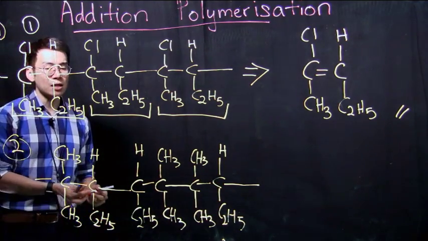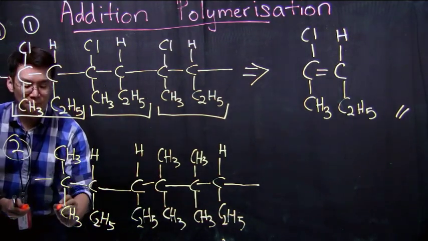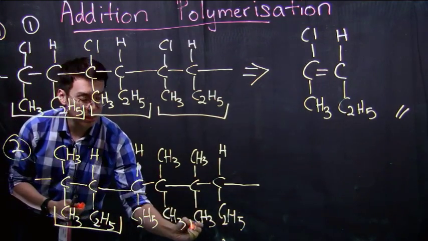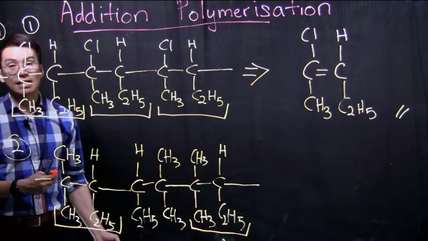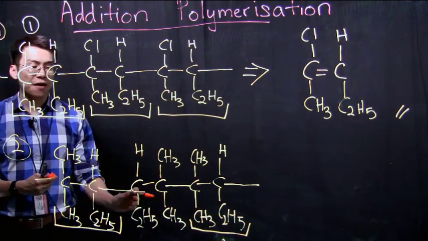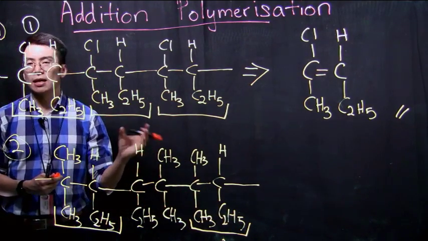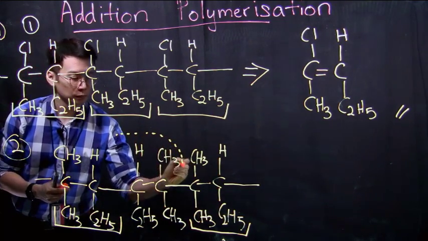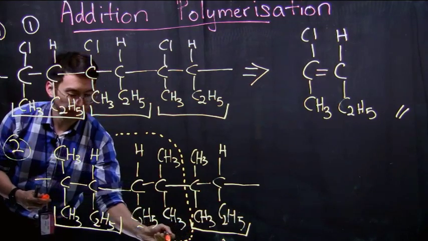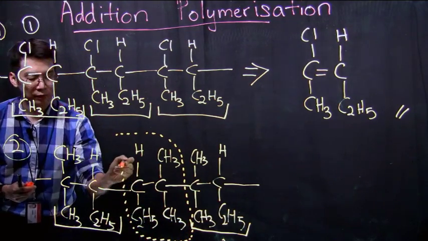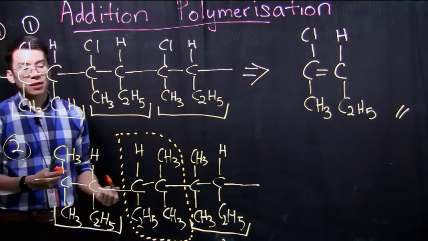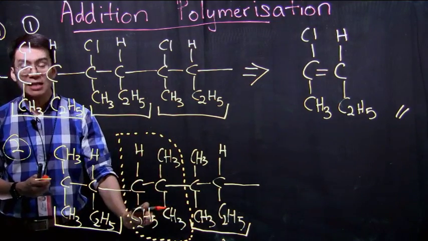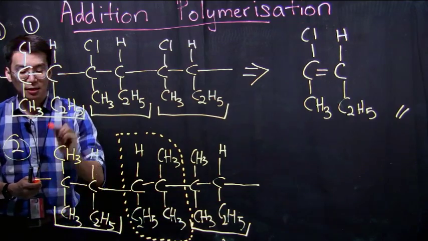Upon closer look, you realize that this portion here and this portion here, they are exactly the same. However, the middle portion here looks a little bit different, this part here. But you realize that actually this portion that I have dotted out is the same as this.